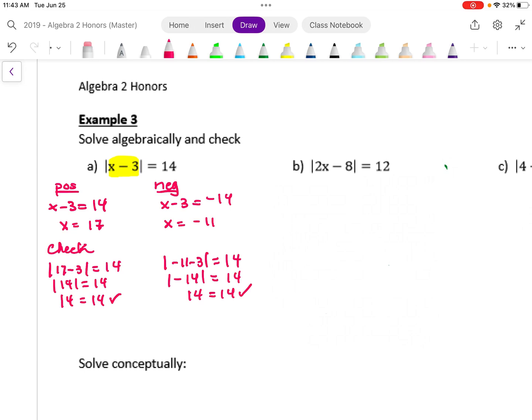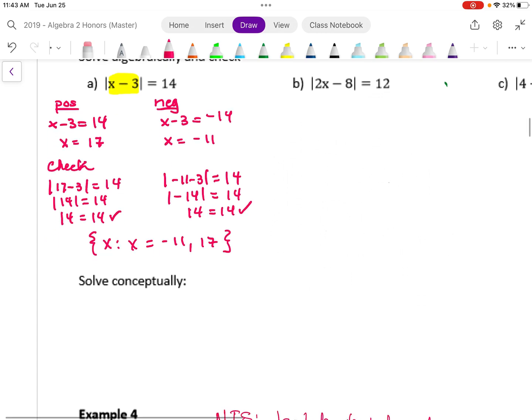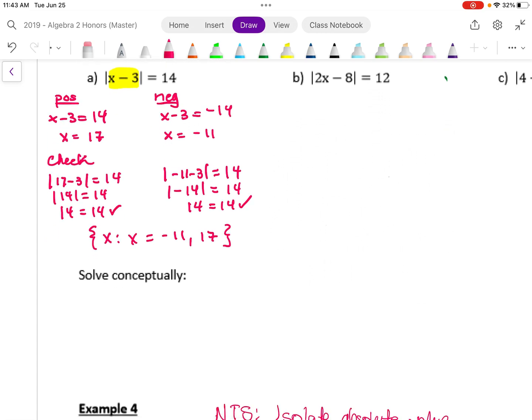That means both of these two solutions work. So using proper notation, x such that x is equal to -11 and 17. And order doesn't matter here. You could write 17 and then -11. I tend to do them in numeric order, from smallest to highest, but that's just a style thing.